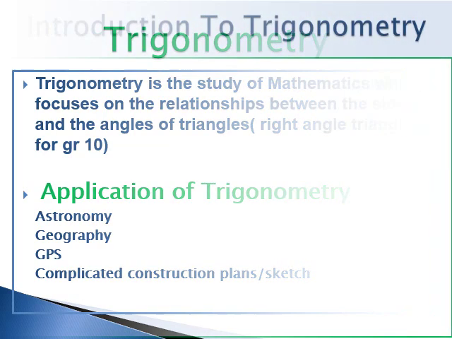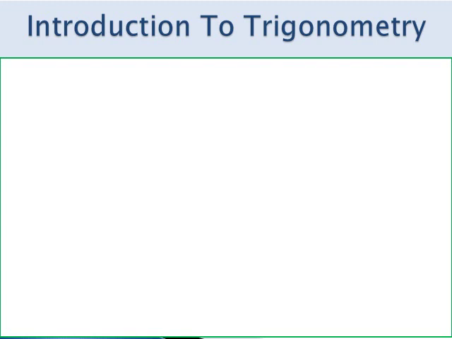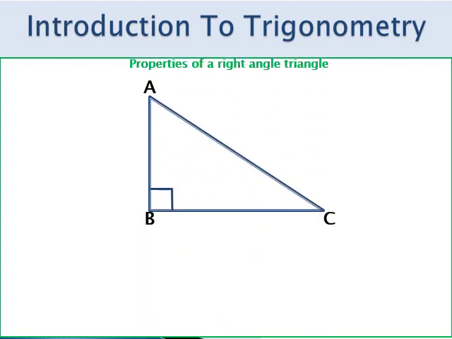But now, let us refresh our brain a little bit in terms of trigonometry. In previous grades, we studied what a right angle triangle is. Now we're just going to refresh our memory a little so that we know exactly what to expect in this lesson.